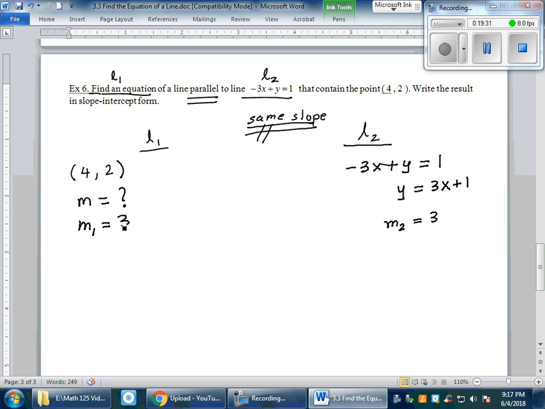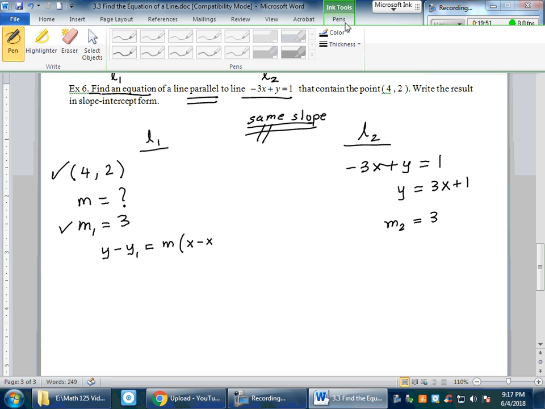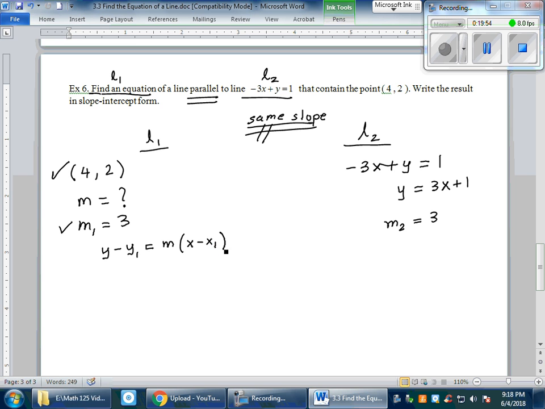Now I have enough information to look for the equation of line 1. So I know the slope, I know a point, so I'm going to use the point-slope formula, which is y minus y sub 1 equal to m times x minus x sub 1. So substituting correctly, y minus my y sub 1, which is 2, equal to the slope 3 times x minus x sub 1, which is 4.